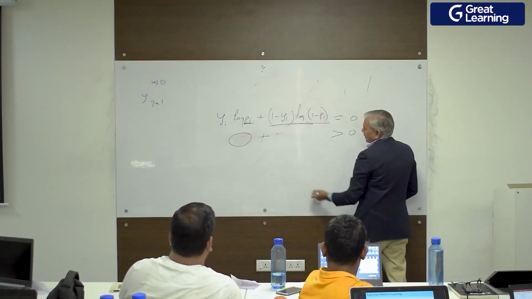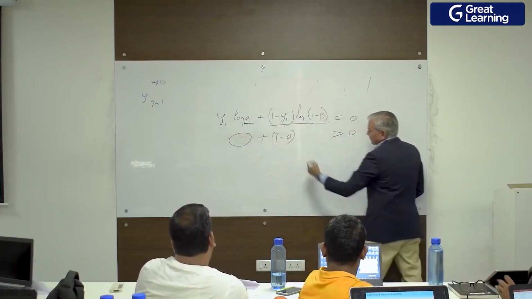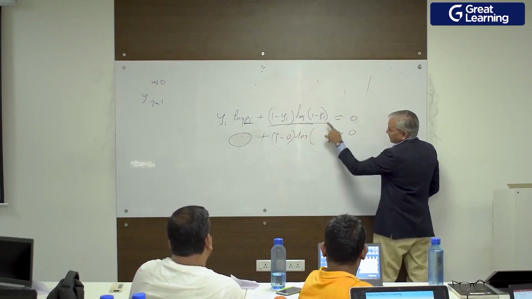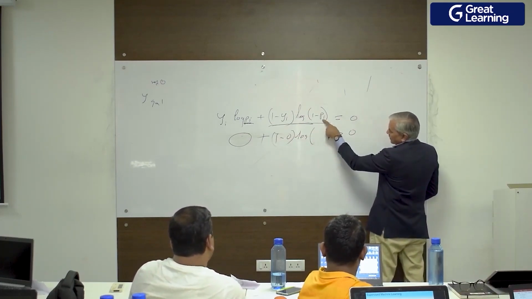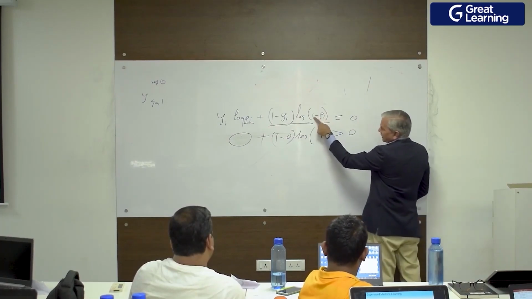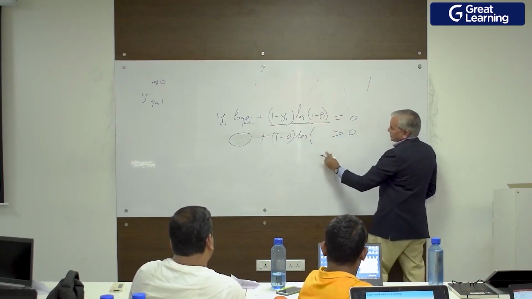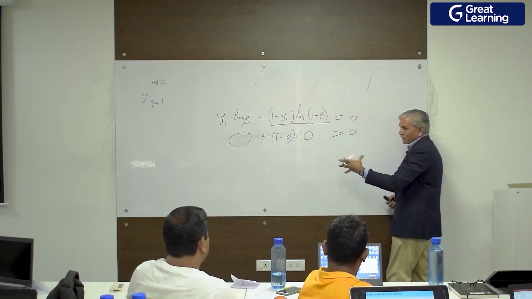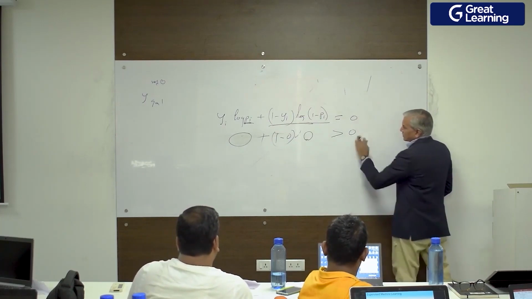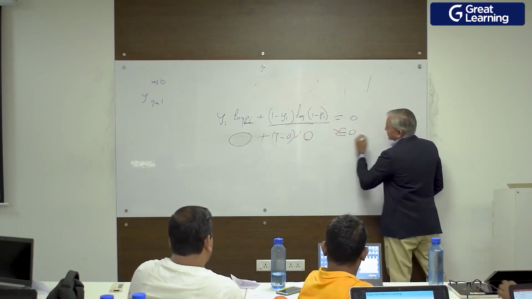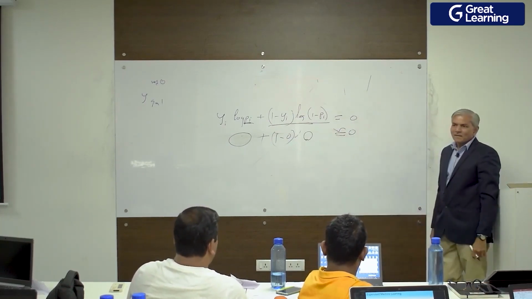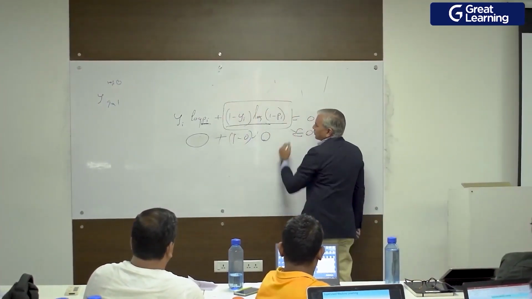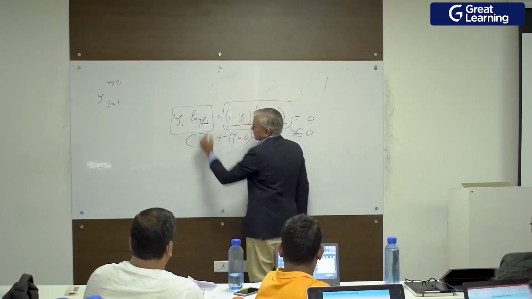Come to this term. 1 minus 0 is 1 into log of 1 minus a very small number, which is almost 1. Log of a number close to 1 is 0. So this expression comes close to 0. For red classification, we use this part of the equation. For blue classification, we use this part of the equation.